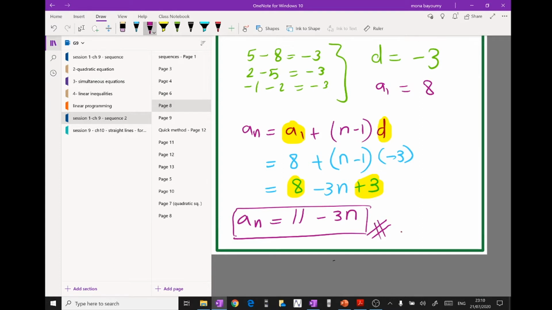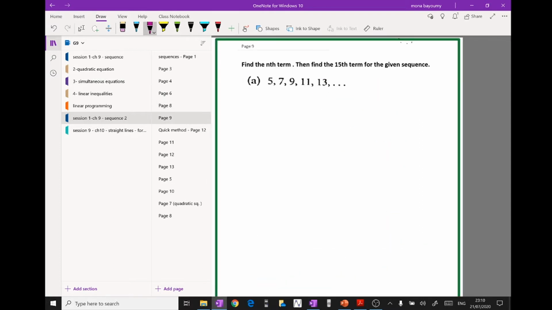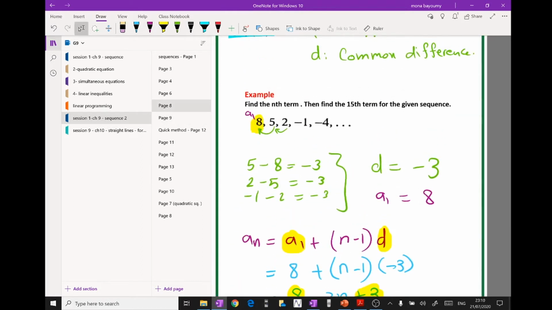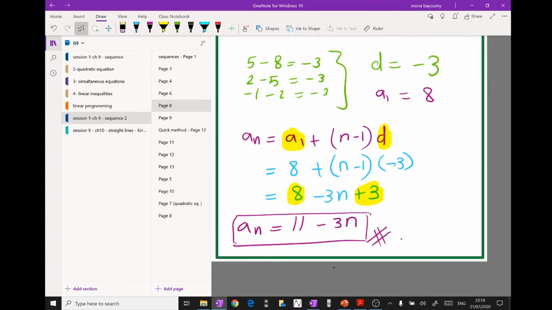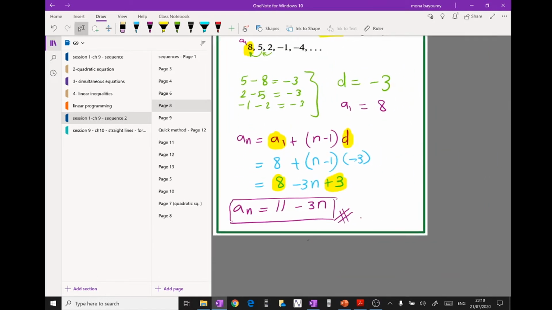Okay, one more example. We forgot to find the 15th term. To find the 15th term, I will just substitute n by 15.